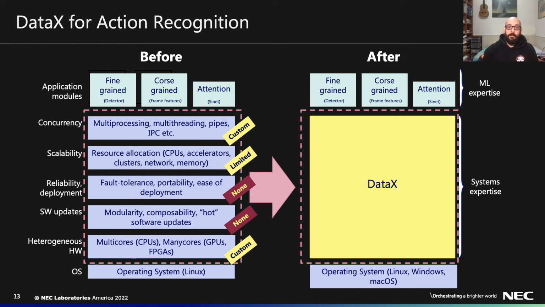For example, the multiprocessing, the multithreading, and the inter-process communication, which had a custom module for that, and had very limited scalability opportunity since it was running as a single container.